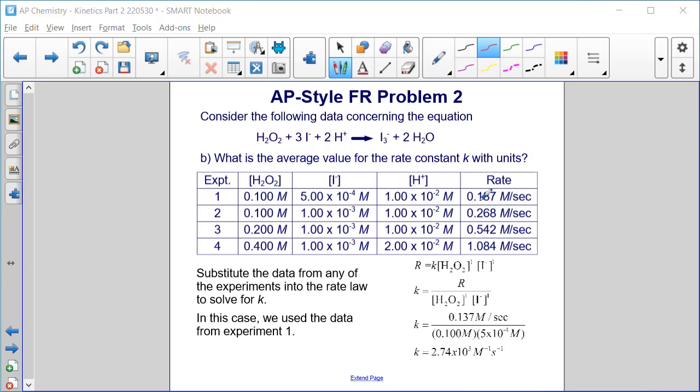So 0.137 molarity per second for the rate, and then 0.1 for the concentration of H2O2, and 5 times 10 to the minus 4th for the concentration of the I-. We get a value of K equal to 2.74 times 10 to the 3rd molarity to the minus 1 seconds to the minus 1, or 1 over molarity seconds.